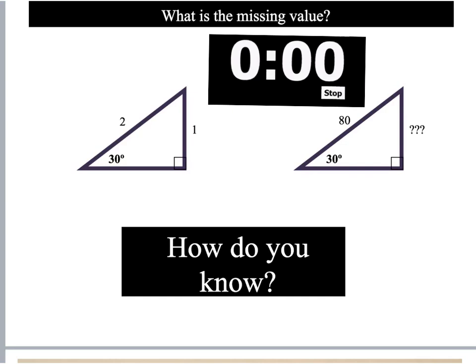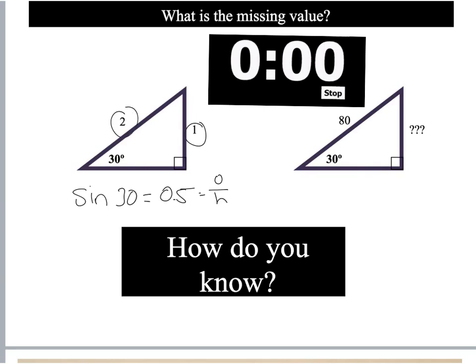So hopefully what you discussed was that you know from this triangle here and from what we've just talked about that any right angled triangle that has an angle of 30, the sine of that angle will always equal 1/2. So sine of 30 will always equal 0.5, which is equal to opposite over hypotenuse, so in this case 1/2.